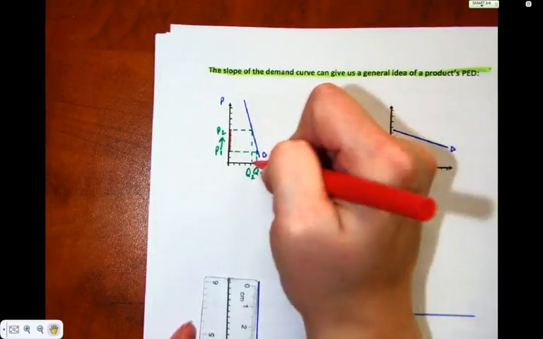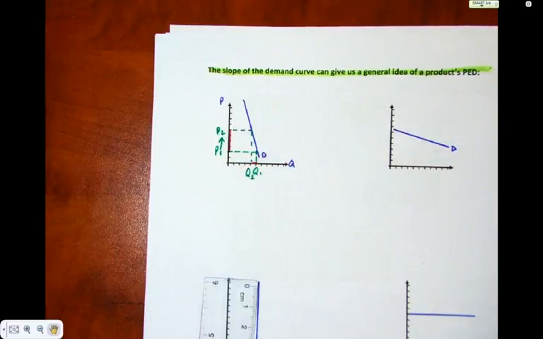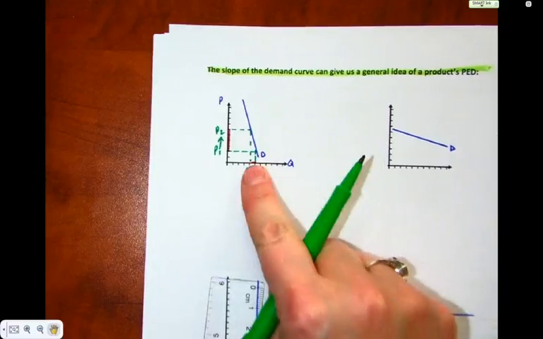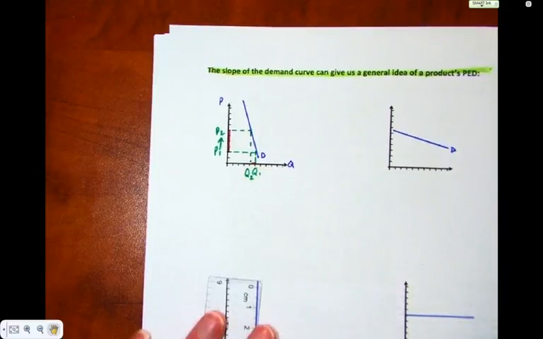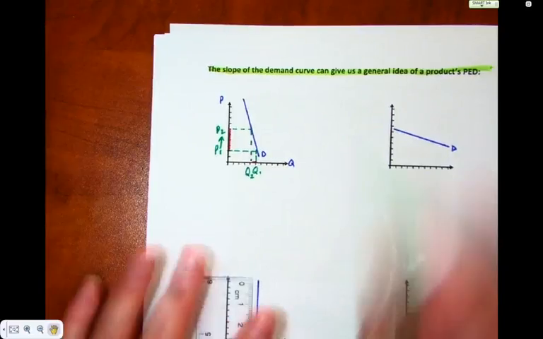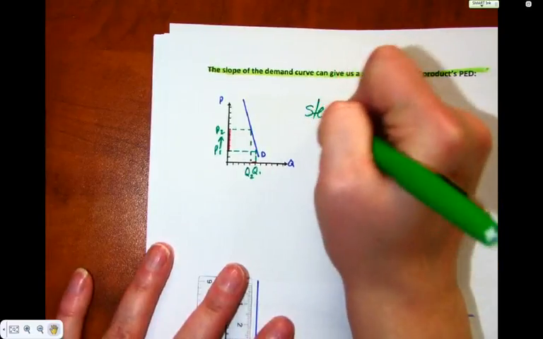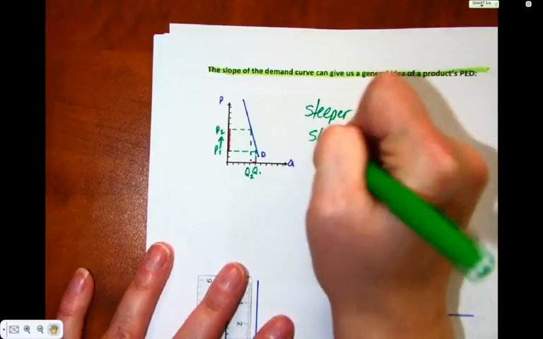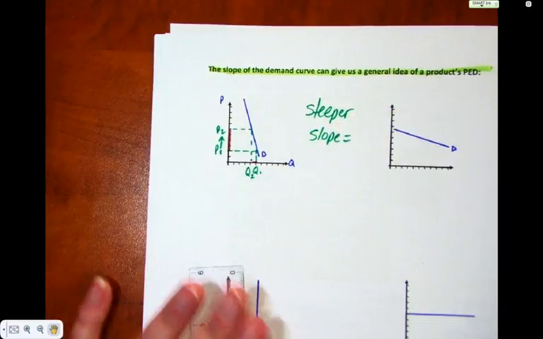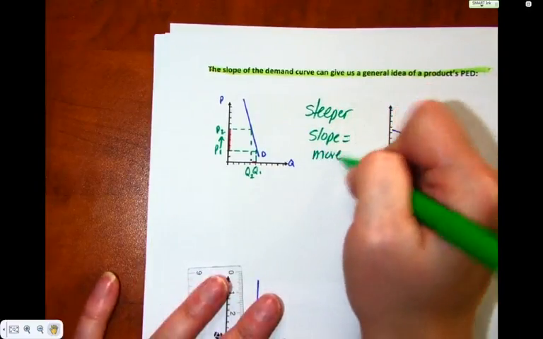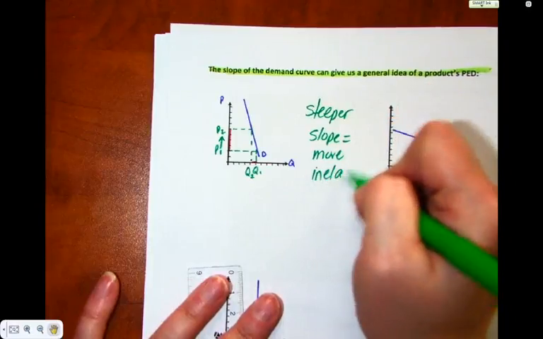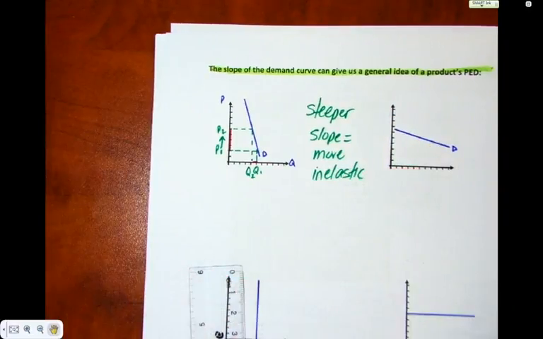And what happened over here with the quantity? Fairly small change. And did it go up or did it go down? Down slightly. So what does that tell you about the elasticity of whatever this product happens to be? Pretty inelastic. So generally, the steeper the slope is generally going to mean the more inelastic. Because a big price change didn't affect much the quantity.